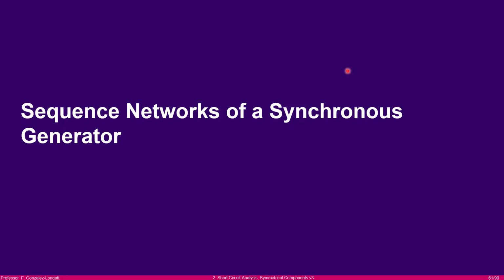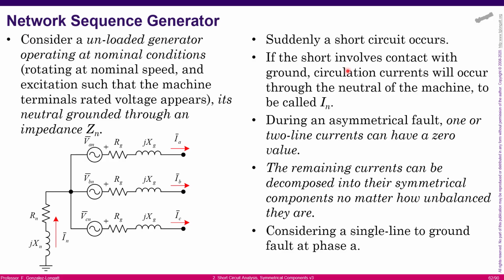If we move forward, I would like to start from the very basic concepts. I will start my discussion about sequence networks from the basic concept of the synchronous generator, okay? Let's consider the following. Imagine that we have a classical three-phase synchronous generator, and this synchronous generator is rotating at nominal speed.